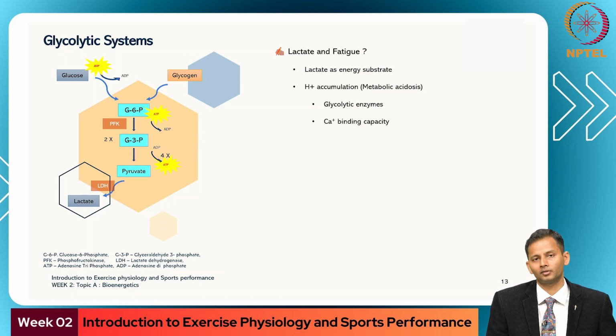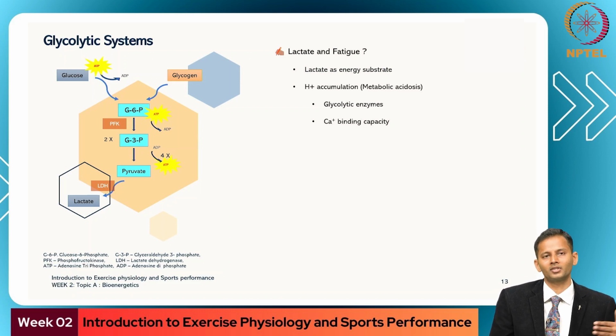Then what's the reason for fatigue? Scientists have postulated that the reason for fatigue is probably the accumulation of acids, as a waste product of the chemical reactions. Increasing acidity inhibits various enzymes involved in the process.